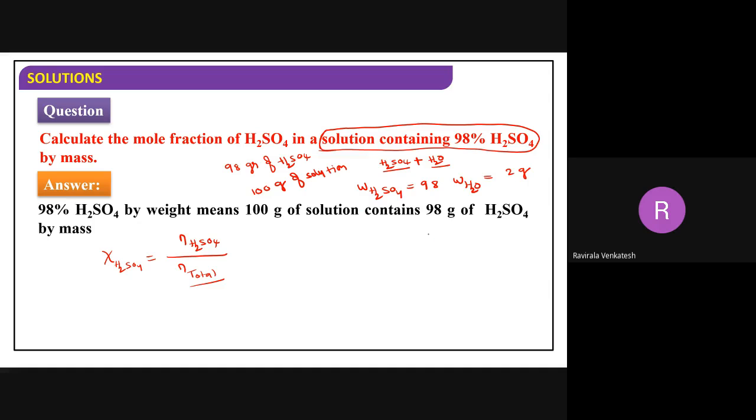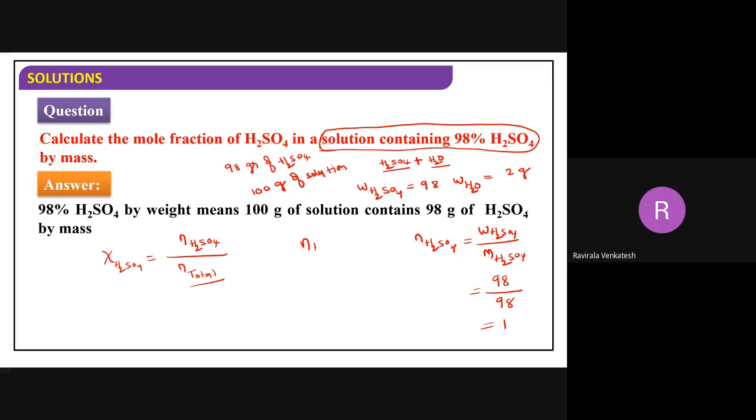Now I have to calculate the number of moles of H2SO4: weight of H2SO4 divided by molecular weight of H2SO4. Weight of H2SO4 is given as 98. Molecular weight of H2SO4 is 98 only, so it will be 1 mole.